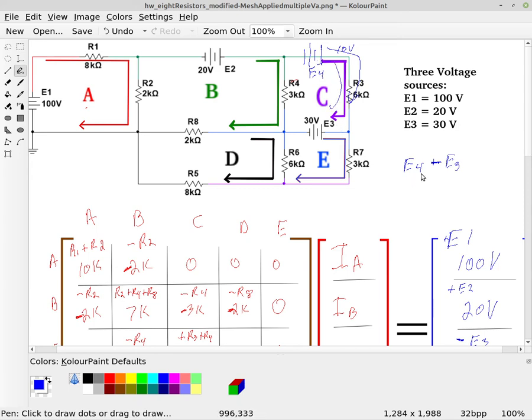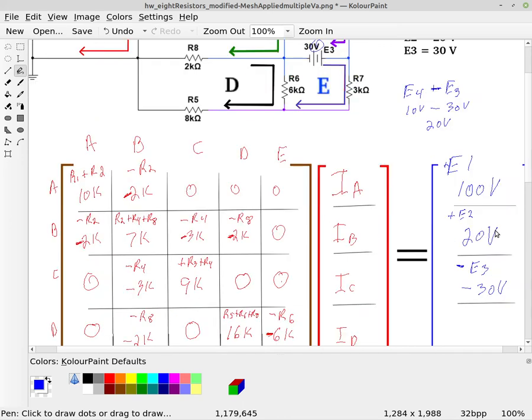And so therefore, if we had this extra voltage source up here, we would have 10 volts minus the 30 volts, which would give us a total of 20 volts. And so in this spot here, for the C column, we would put a minus 20. All right.